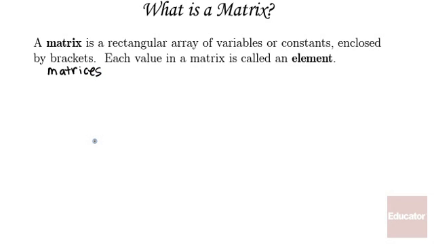And to give you an example of what a matrix looks like, as I said, a matrix is enclosed in brackets, and it contains variables or constants. And starting out, we're going to be working with matrices that contain constants. And then towards the end of this series of lectures, we'll see a matrix that involves variables.